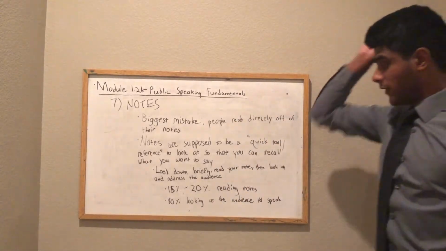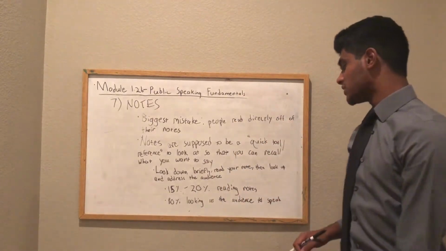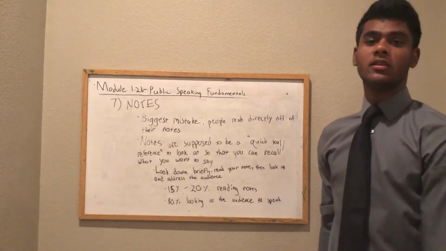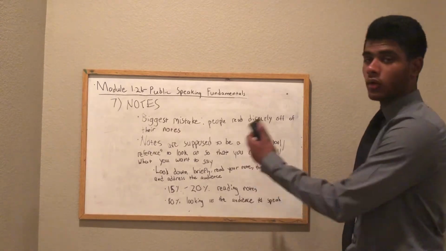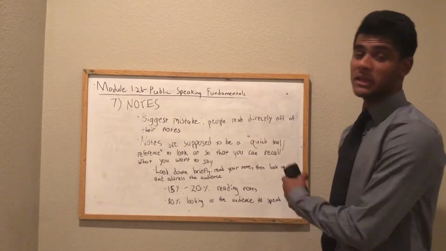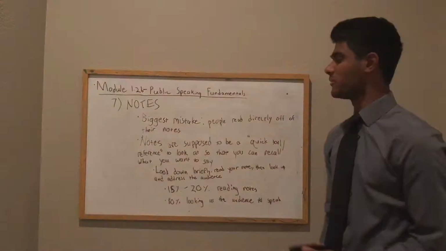Right. So 15 to 20% is reading your notes, and then 80% is allocated to looking at the audience to speak. That's really how you want to divide it up for notes. So hopefully you have these notes down.